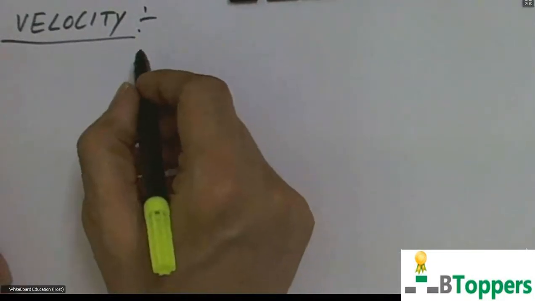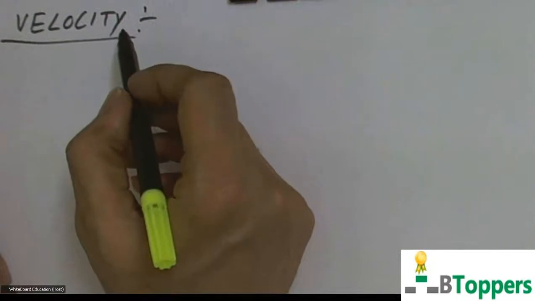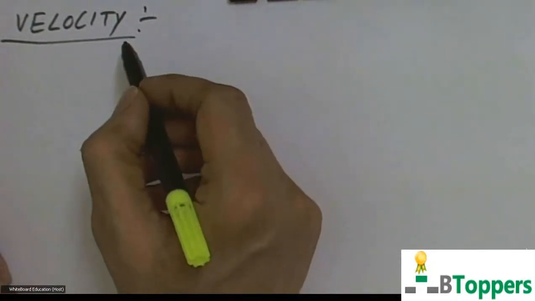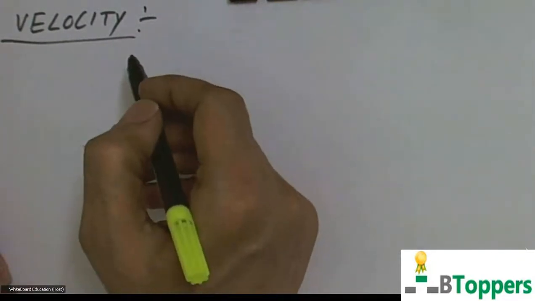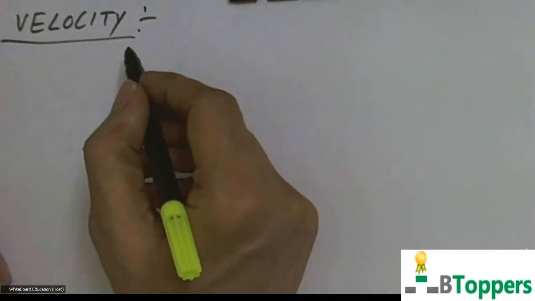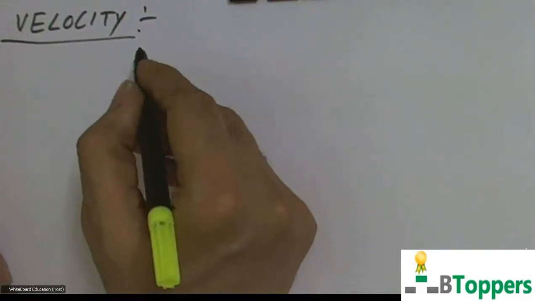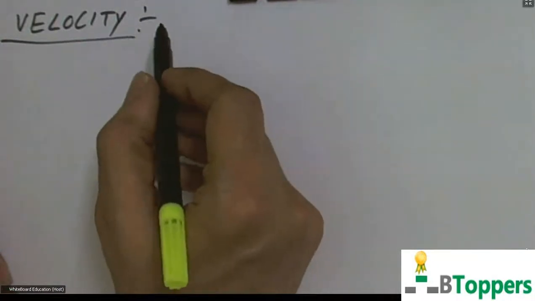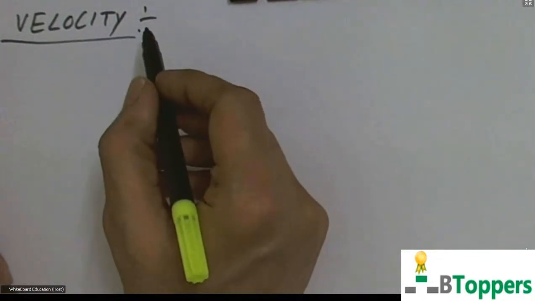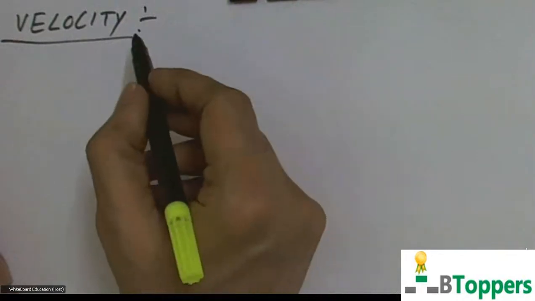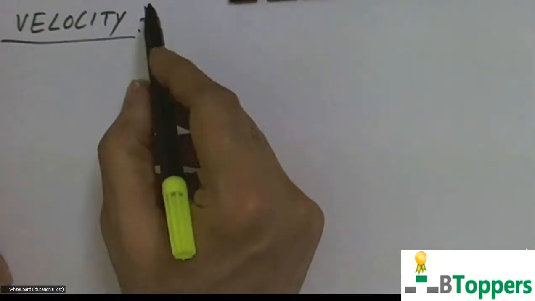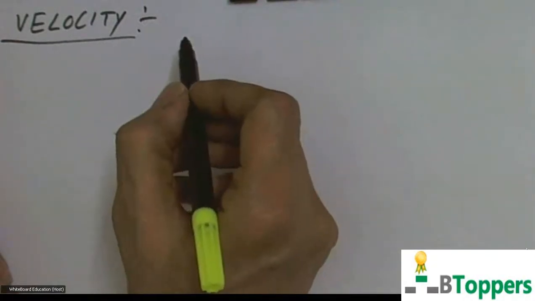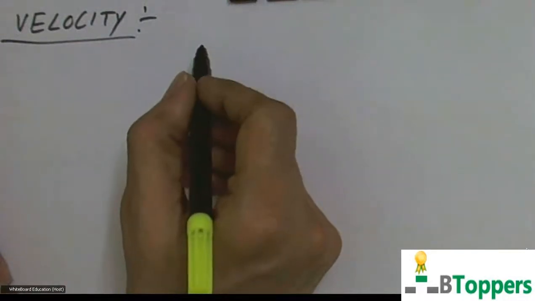So coming to the term velocity, we discuss this term velocity and the terms average velocity and instantaneous velocity. Velocity of a particle is defined as rate of change of displacement. So velocity of a particle can be defined as rate of change of position of the particle with respect to time.